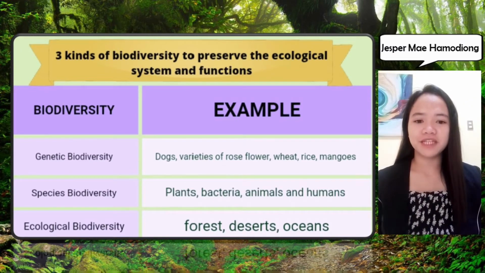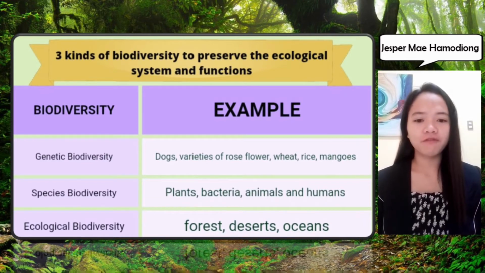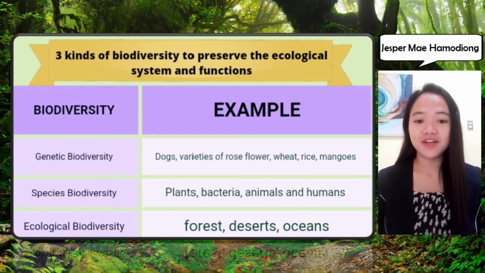Species biodiversity can be used more specifically to refer to all the species in one region or ecosystem. The examples are plants, bacteria, animals, and humans. And that is species biodiversity.